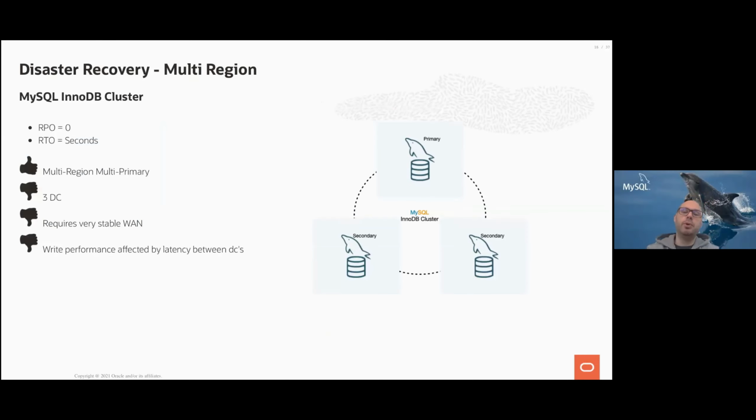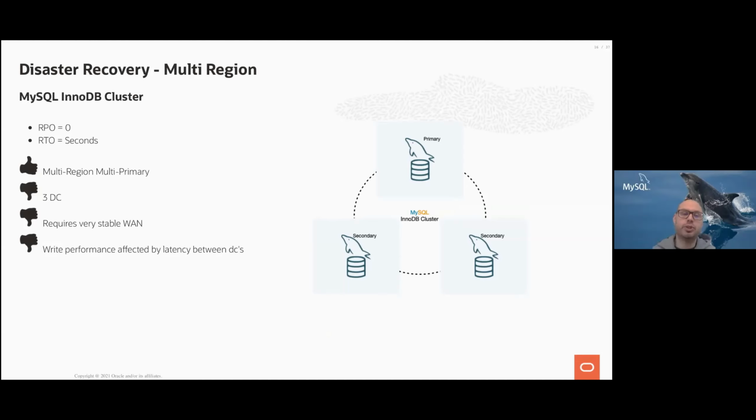If we talk about multiple regions, if you talk about disaster recovery, where we want to prevent downtime when a region fails, we have two choices. And I haven't touched on it yet, but we do have users that run MySQL InnoDB Cluster across 3 regions.